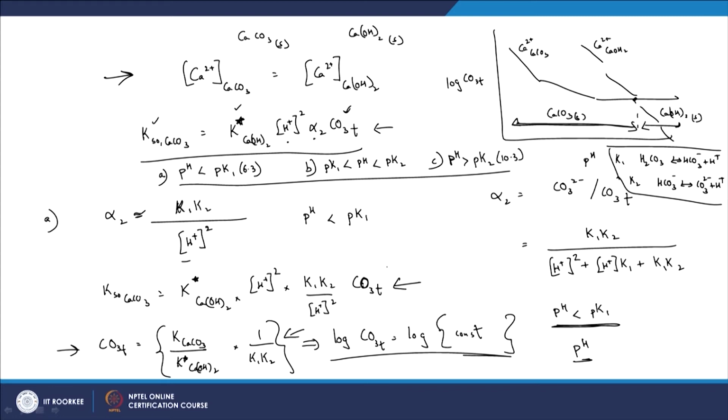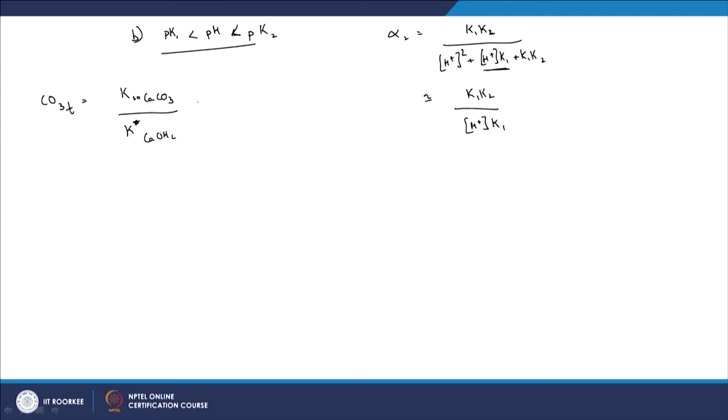So we are going to have that, and it is now going to be equal to, H plus square, we still have H plus square, into K1 K2 by K1 K2, or this is going to be equal to K2 by H plus. So K1 K1 cancel out and this is what we have. So this is now going to be equal to K2 by H plus. So one H plus and H plus here can cancel out.